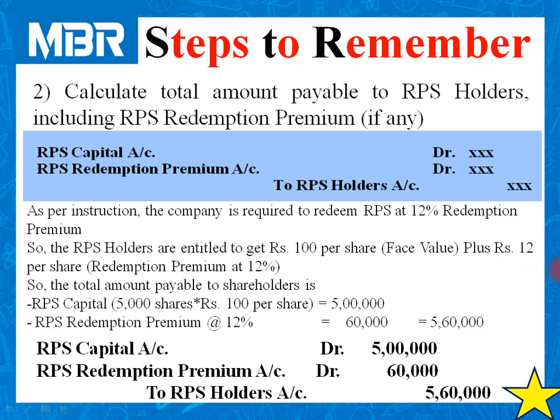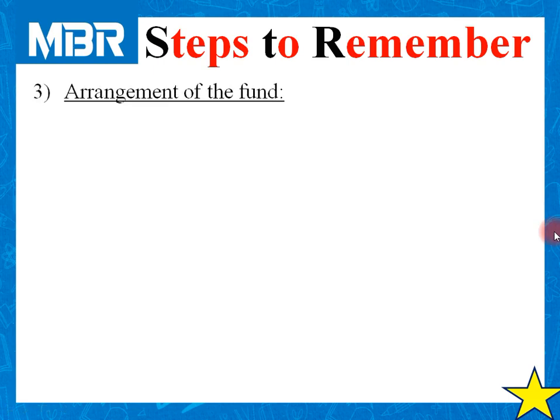RPS capital account debited, because a capital account is always credited, but when you want to return that capital, it is debited. RPS redemption premium, an additional burden for the company, you can say loss or expense, is also debited. To RPS holders, we need to pay this amount, so according to the rule, their account is credited.